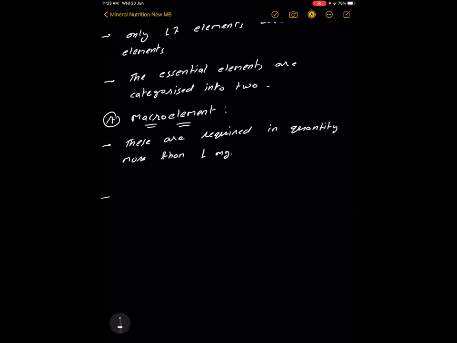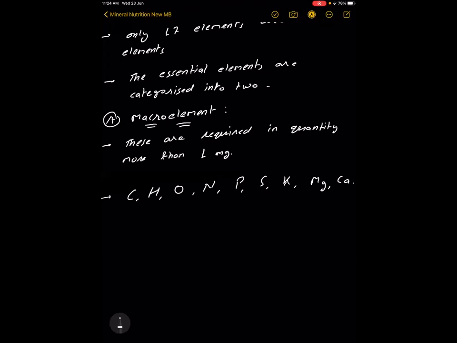So these are the elements: carbon, hydrogen, oxygen, nitrogen, phosphorus, sulfur, potassium, magnesium, and calcium. 1, 2, 3, 4, 5, 6, 7, 8, 9.